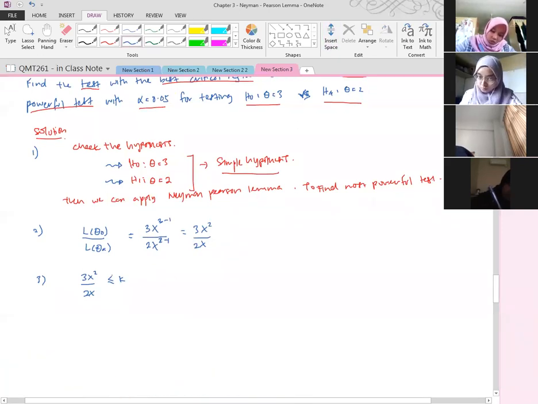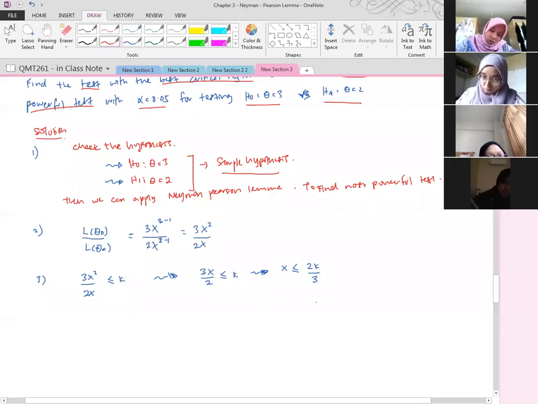So then it will lead us to 3x divided by 2 less than or equal to k. And if we bring the other values to the right hand side, x will be less than or equal to 2k divided by 3.